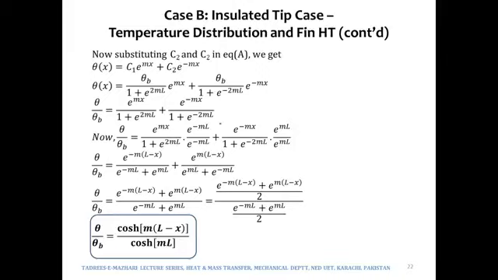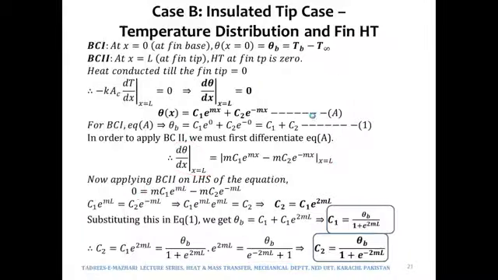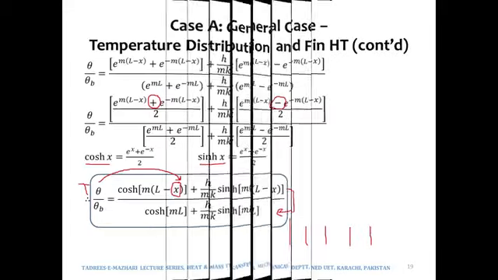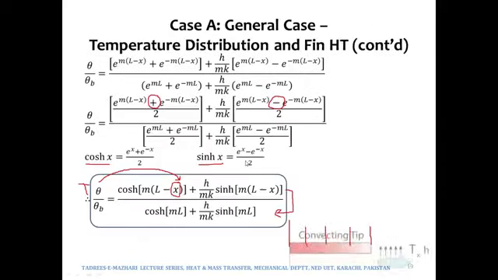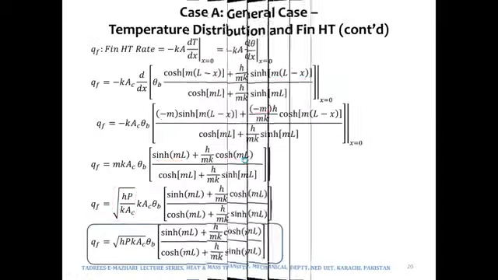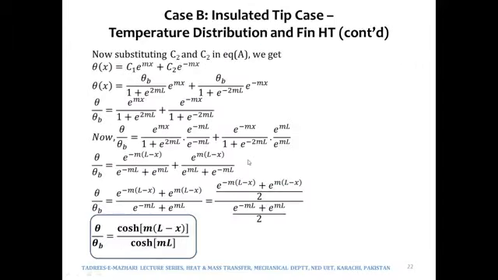Now see, we had written that temperature expression in the form of e to the power m(l minus x) in case A, right? Over here you will realize that we have got e to the power mx, but there is no ml over there.